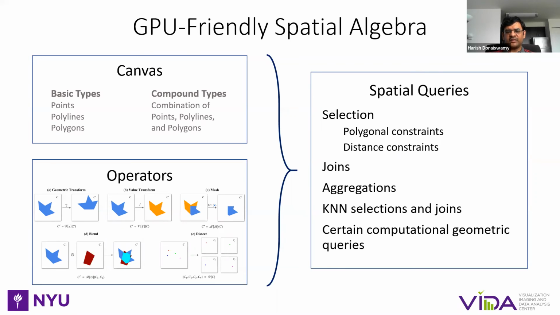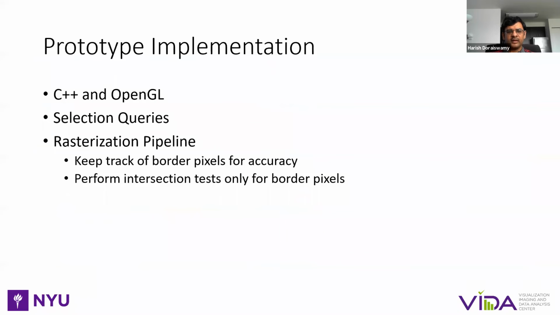While the main focus of this work is to create a theoretical framework to use GPUs for spatial queries, it is also important to show that such a model is practical. And for this purpose, we created a prototype implementation that uses OpenGL as a graphics API, in particular, the rasterization-based graphics pipeline.